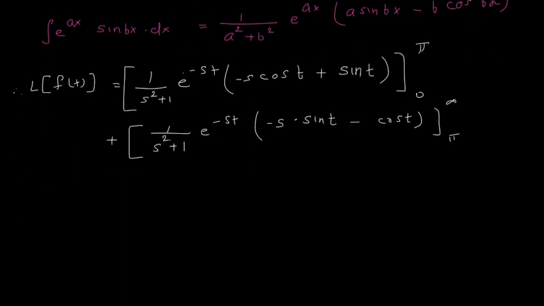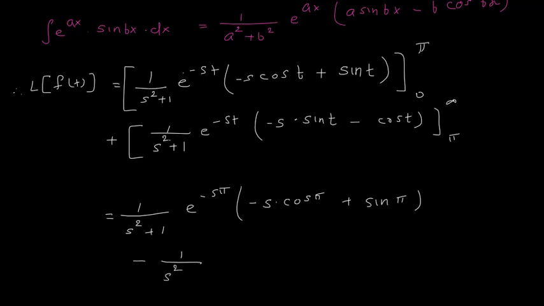This is equals to 1 upon s square plus 1. Now in place of t we will put pi, so it will become e raised to minus s pi. Inside bracket we have minus s into cos pi plus sin pi. Then minus I will put 0, so it is 1 upon s square plus 1. This is e power 0.